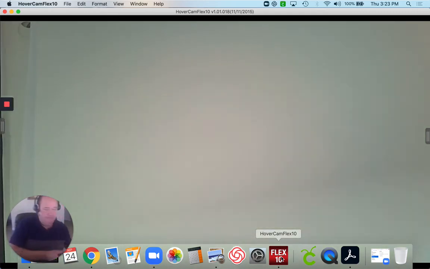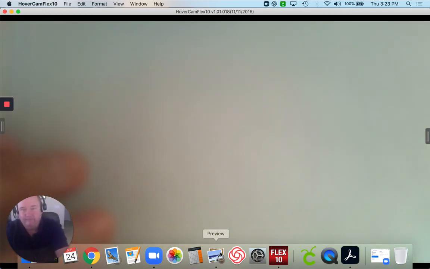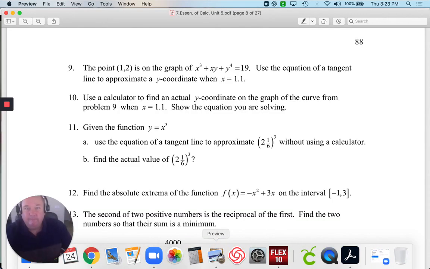Number 10. Use a calculator to find the actual value when x equals 1.1 and then show the equation that you're solving.